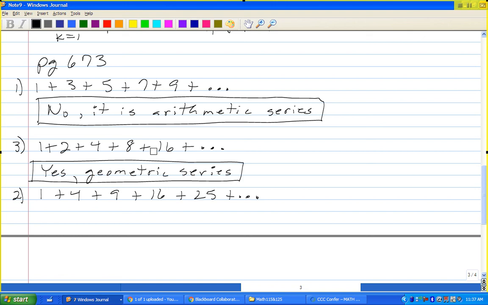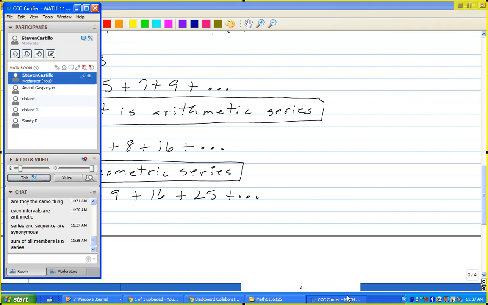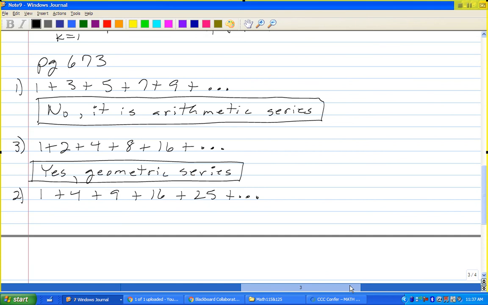It is a special type of sequence. We looked at those partial sums yesterday. It's a sequence of partial sums. The sum of members of a sequence is a series.